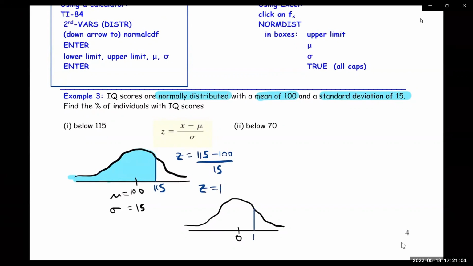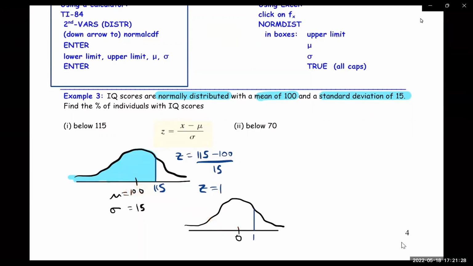Oh, okay, because first I did 115 minus 100. That's 15, right? And 15 divided by 15 is 1. And you only use this formula when the mean is not 0, in order to make it 0. Exactly right.